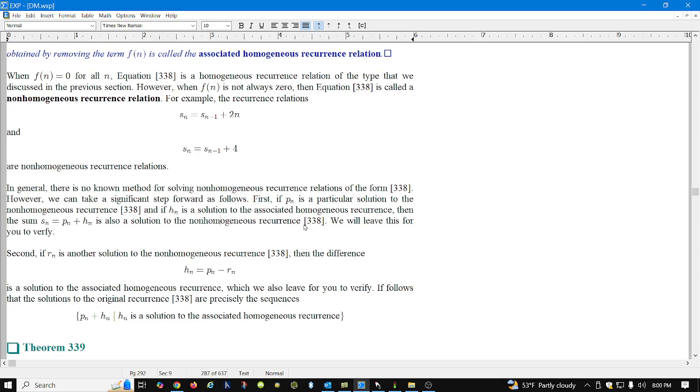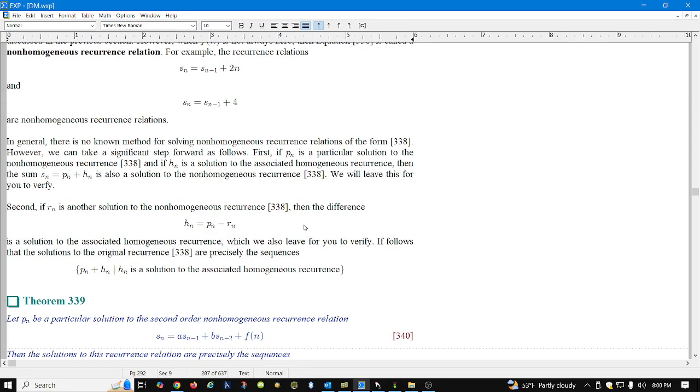And I'm going to leave that for you to prove. We did something similar in the last video. Second, if Rn is another solution to the non-homogeneous recurrence, so we have Pn and Rn, both solutions, the difference is a solution to the associated homogeneous recurrence. And again, I'll let you verify that.